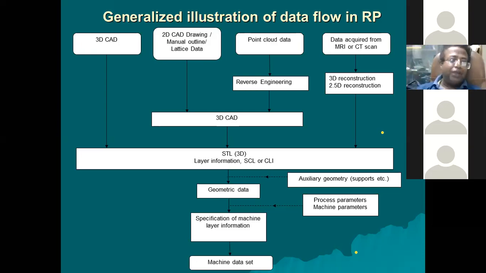You don't have any information. The drawing has been lost. You don't know how to capture that geometry. So you want to produce that component again. What you will do, you will take it to that scanner, you will capture the point cloud data, you will do the reverse engineering, you will make the model, and then you can have the STL file and you can print the component. Is it clear to everybody?